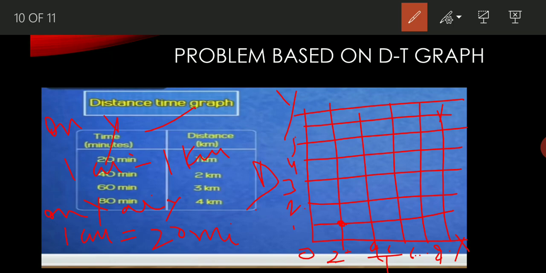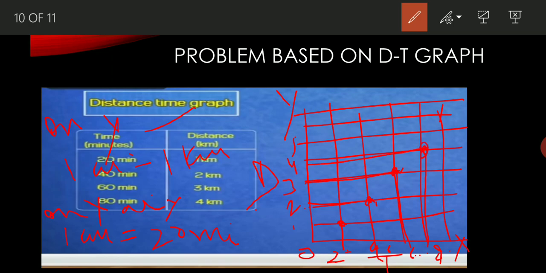So the second kilometer is reached at 40 minutes. Now the third one is 3 kilometers at 60. We will mark it like this. And 4 kilometers at 80. This is the 80 and this is 4. We will mark the values.